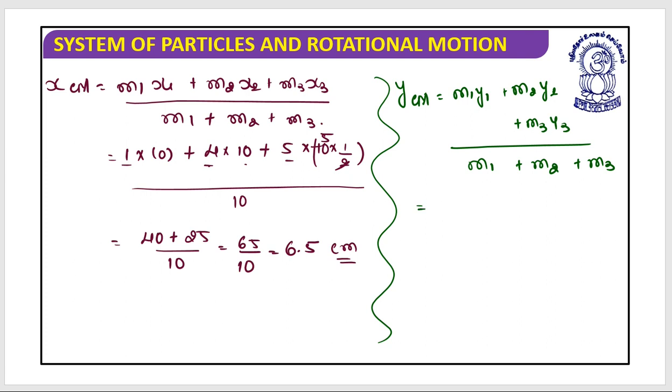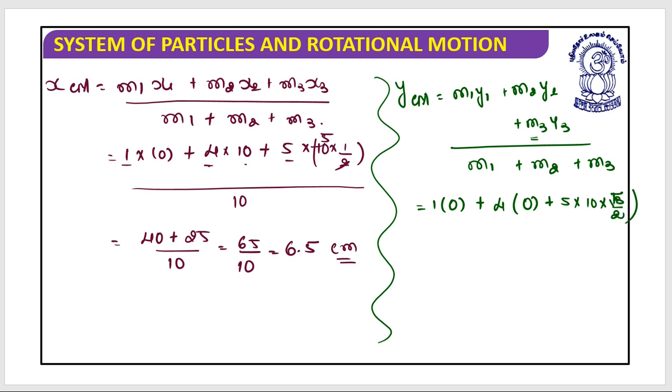So this will be 1 into 0 plus m2, which is 4, multiplied by 0, plus m3, which is 5, multiplied by 10 sine 60. While I write sine 60, it's root of 3 divided by 2.